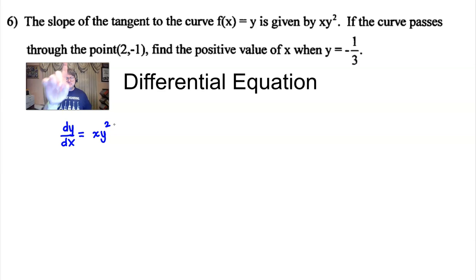The very first thing that we must do with a differential equation, an equation with a derivative in it, is to separate the variables. We're going to put the y's on the left side, and the x's over on the right side. So we're going to divide by y squared, moving it to the left, and we're essentially going to multiply, for lack of a better way to describe it, the dx over to the right.